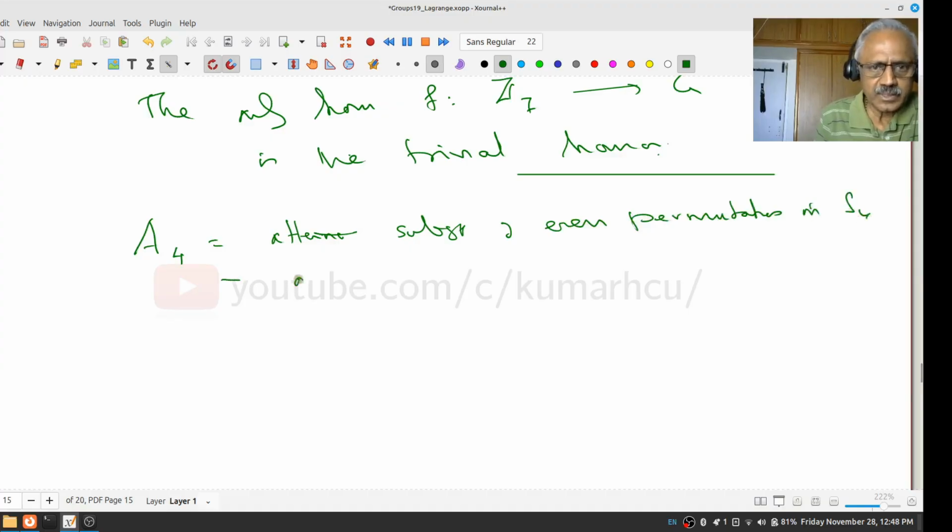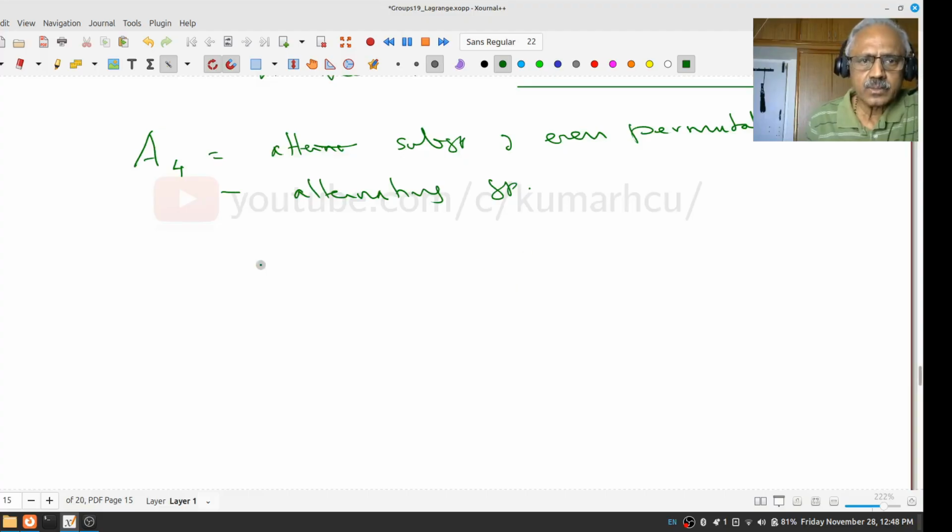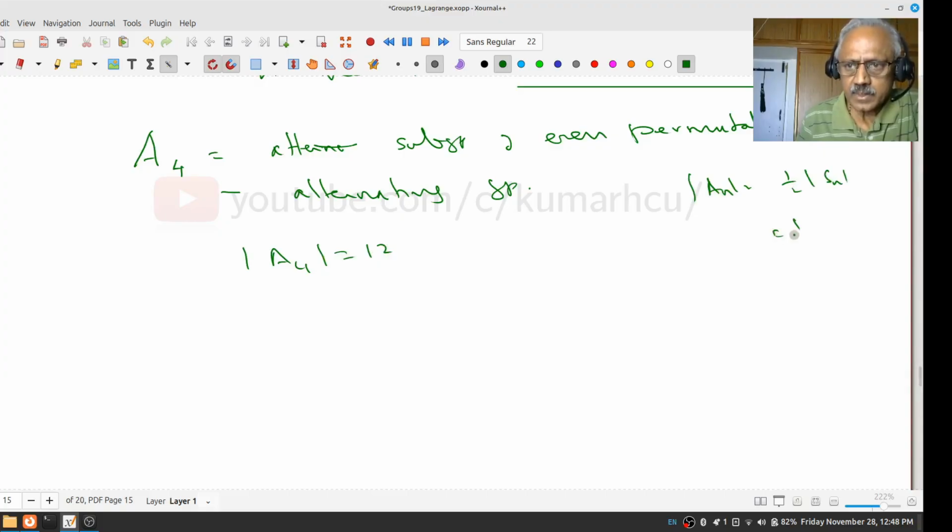One usually calls it the alternating group. So, what is the number of elements in A4? 12. Because remember, the order of An is half of the order of Sn, which is half of n factorial.